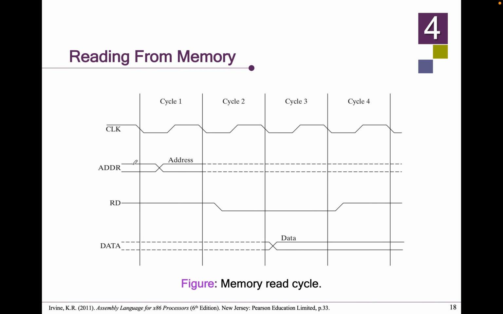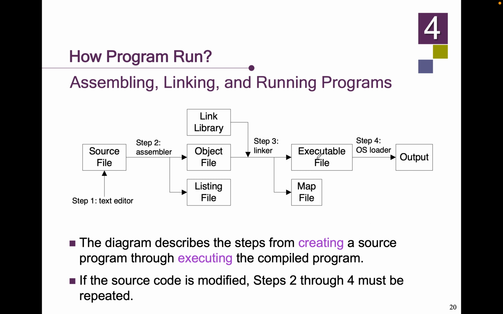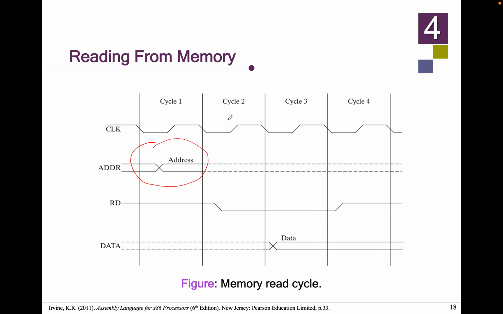First you put your address on the ADDR, your address bus. In the second cycle, the RD line is set to 0.